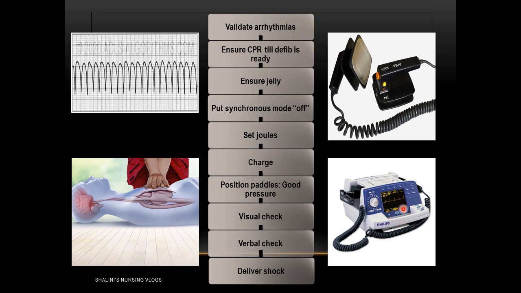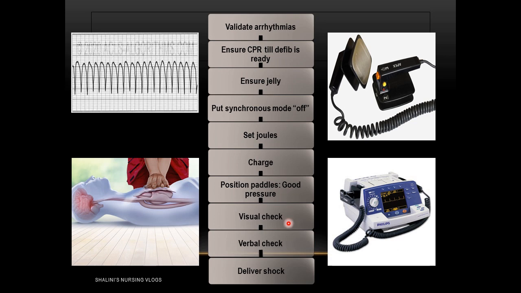This is put on only in case of cardioversion. And then you set the needed joules. You charge the equipment, that is, there is a charge button on the paddle. Then you position the paddles onto the chest of the patient and apply good pressure, which is indicated through a green light on the paddles of the defibrillator.